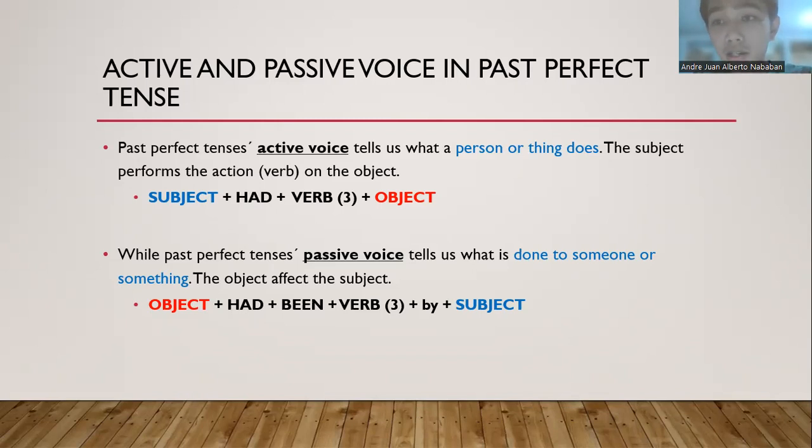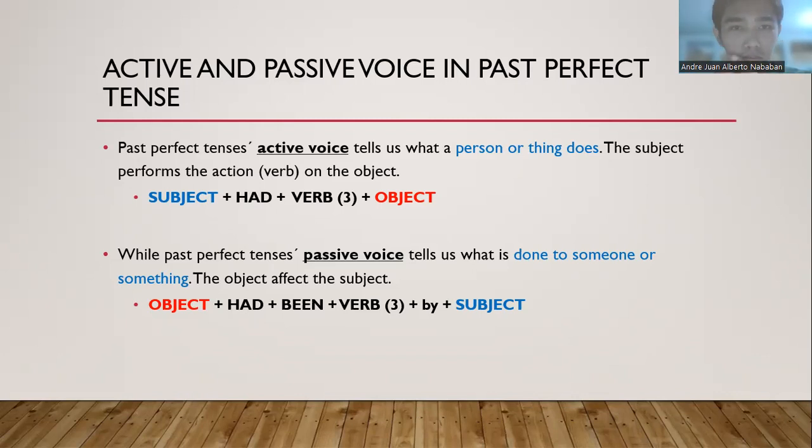So it's object plus had plus been plus verb 3 plus by plus subject. So why do we use by here? Because it's done by the subject. So like by someone, by something, like that.